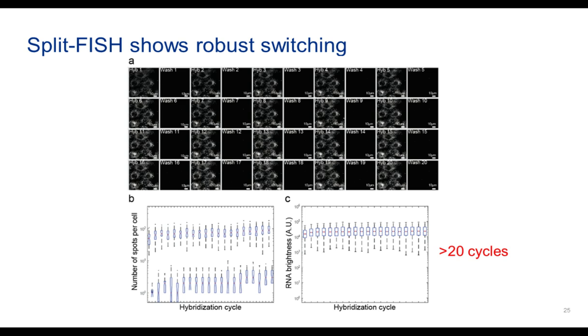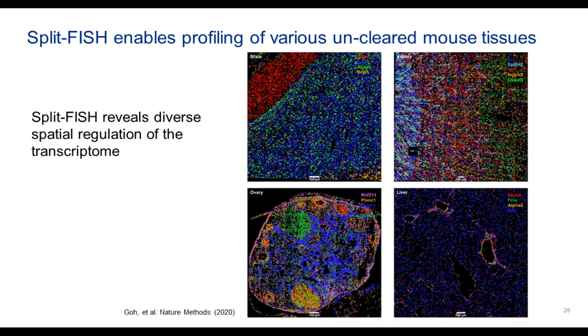Then we went on to optimize the buffer condition, and we showed that SplitFISH is also able to handle many rounds of sequential hybridization. Here we show up to 20 rounds, and we still don't observe any degradation of the signal intensity or the RNA count.